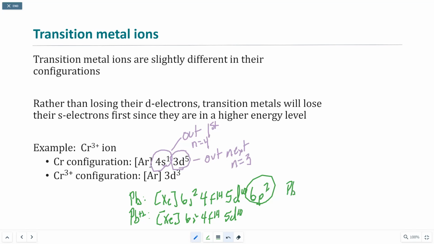But if we take the next one, lead 4+, the other common ion form, again, we're going to take the electrons that are in the highest energy level. So that means the 6s goes away. So it'd be xenon 4f14, 5d10. All of the electrons in the 6s go away. There's nothing left over from the 6th energy level there.